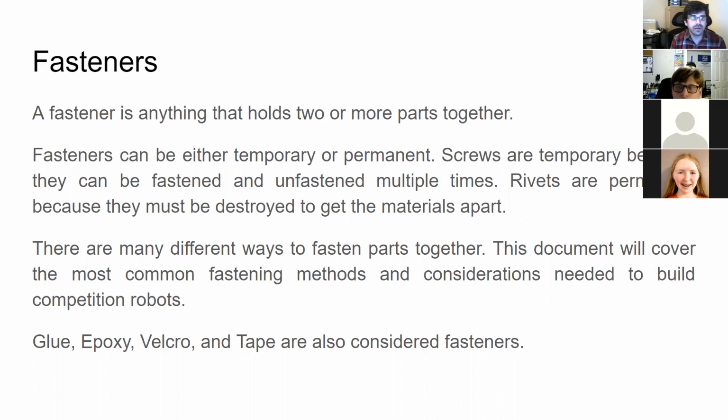You can take your parts apart, but you have to destroy the rivet to do that. So we're going to talk about fasteners and how to use them. That last slide is just pointing out that glue is a fastener, Velcro is a fastener. Don't forget about that. We have other things at our disposal.